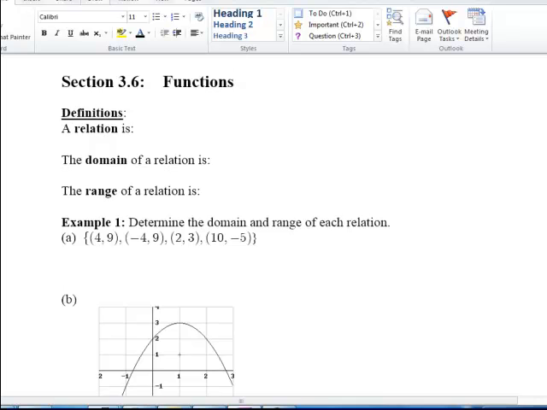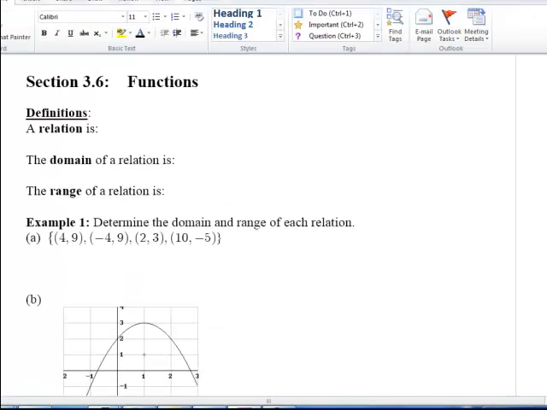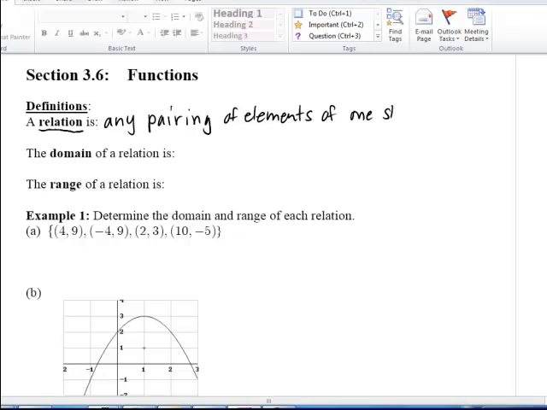Before we can talk about a function, we need to talk about a broader concept of something called a relation. A relation is defined as any pairing of elements of one set, often called the set A, the inputs, with elements of another set.